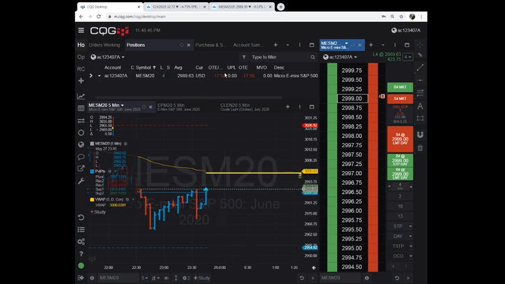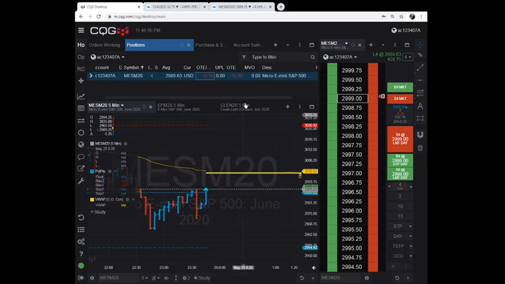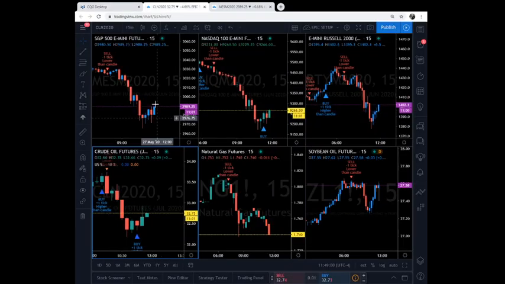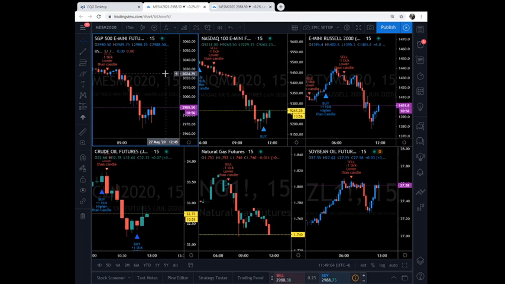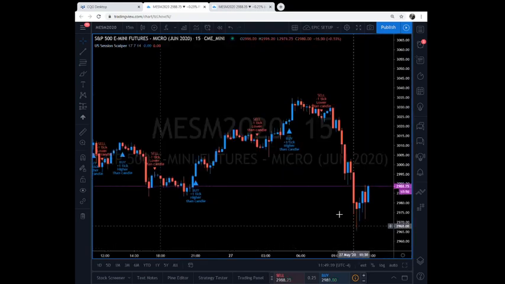Still in the minus, minus 22 US dollars, minus 17 US dollars. This is a micro account. We did not trade the normal standard mini account because the market has had very strong bearish movement since the beginning of the US session. The top left chart is the S&P, so let's take a look at how bad.